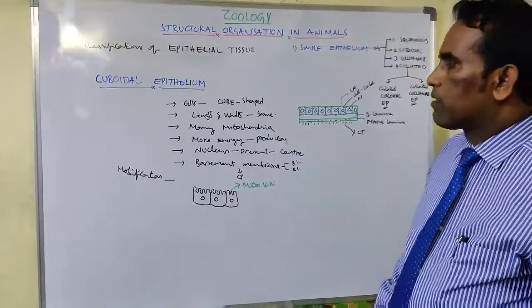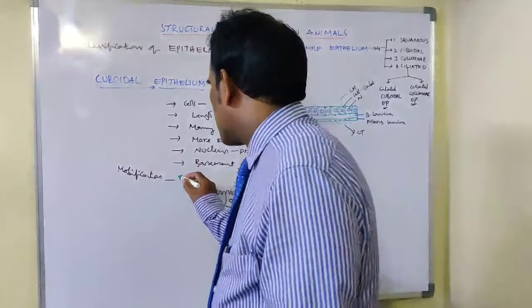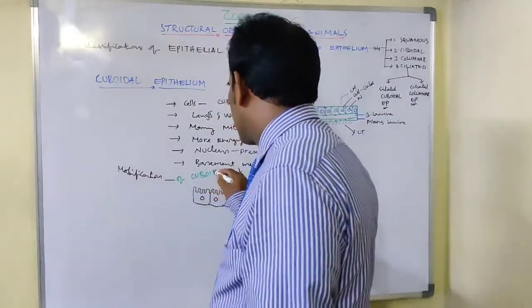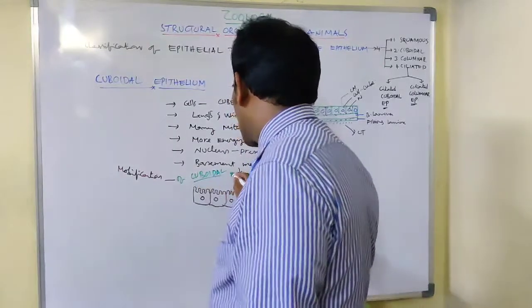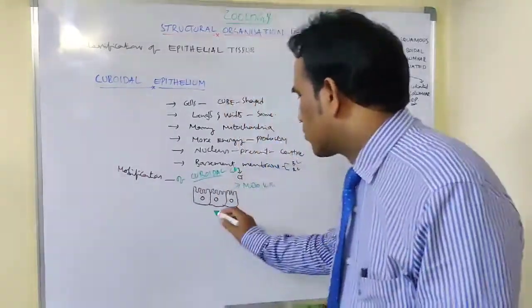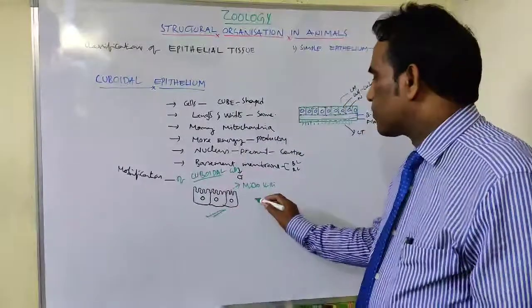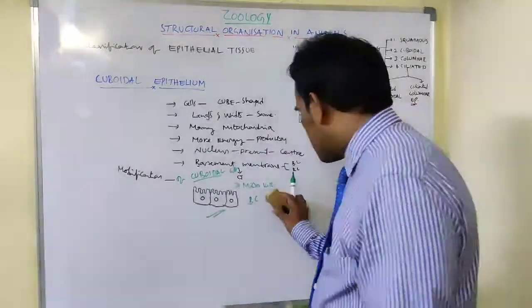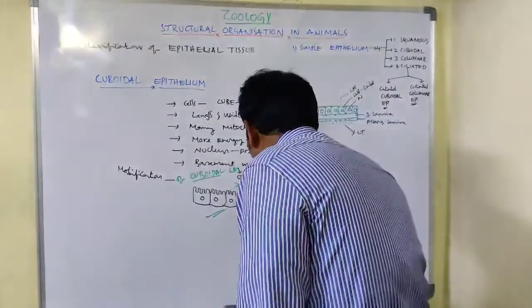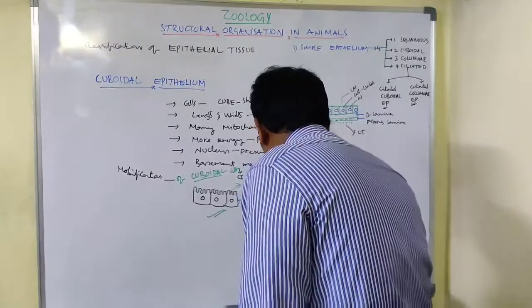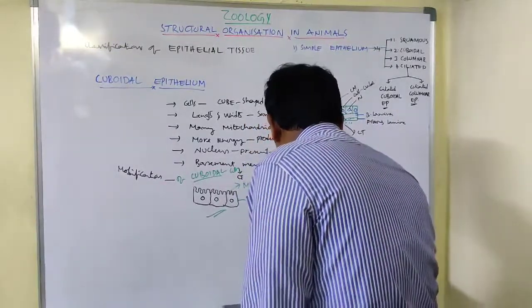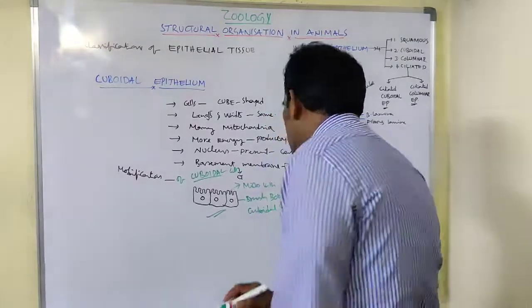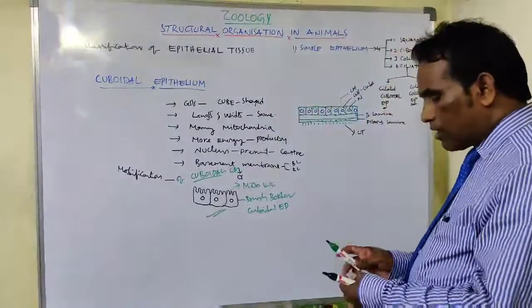So this is a special modification of cuboidal cells. Therefore we call it brush border cuboidal epithelium.